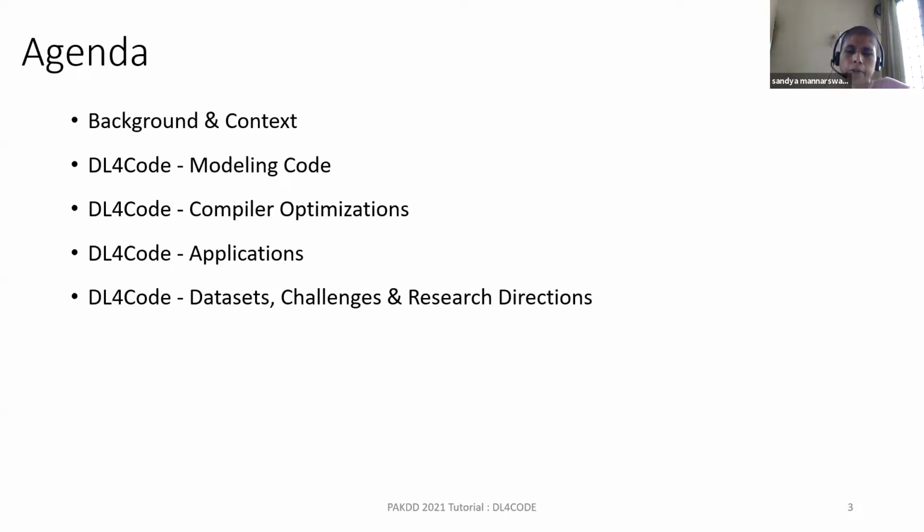For instance, how do we automatically do bug detection? How can we automatically fix bugs? How can we do deep code search and so on? And then we would talk briefly about what data sets are available for DL4Code, what the challenges are in taking this topic forward, and also some of the future research directions.